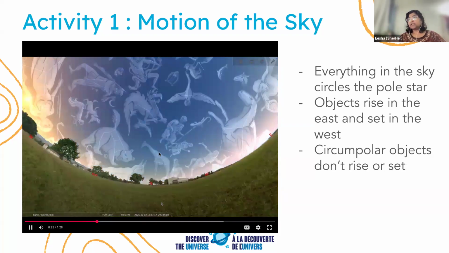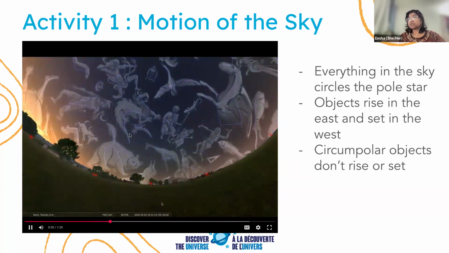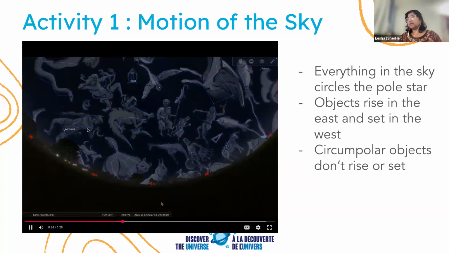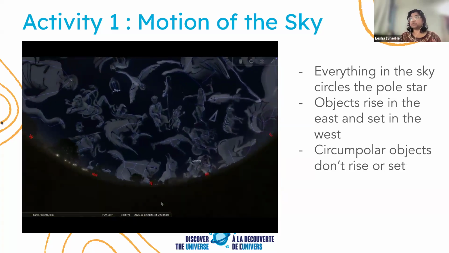Here you can see that everything is going in a circle. Things do rise in the east and set in the west. We just saw the sunset. Here Saturn rose from the east and is moving towards the west.